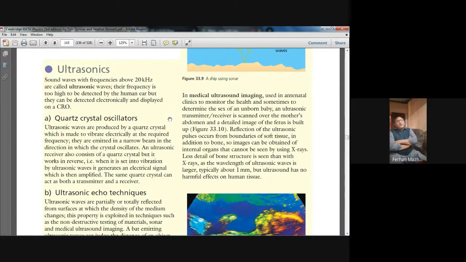With the help of the ultrasound, without doing surgery, without actually opening the body, the doctor is able to see the organs inside the body.